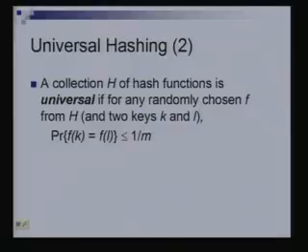There are some results which say that you can pick a collection of hash functions, and such a collection is called universal, such that for any two keys the probability that they get mapped to the same location is no more than 1 by m. As I said, this was just a very brief idea of what universal hashing is. I am not going to go into detail. When you do your next course on algorithms in the third year, you will see more of universal hashing.